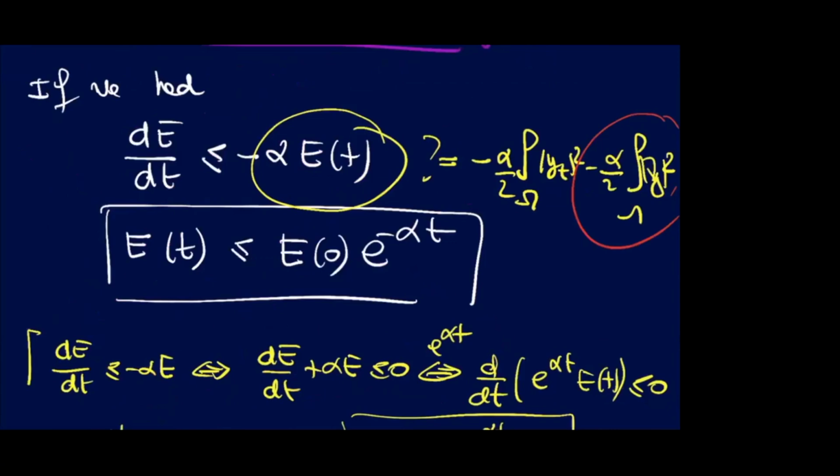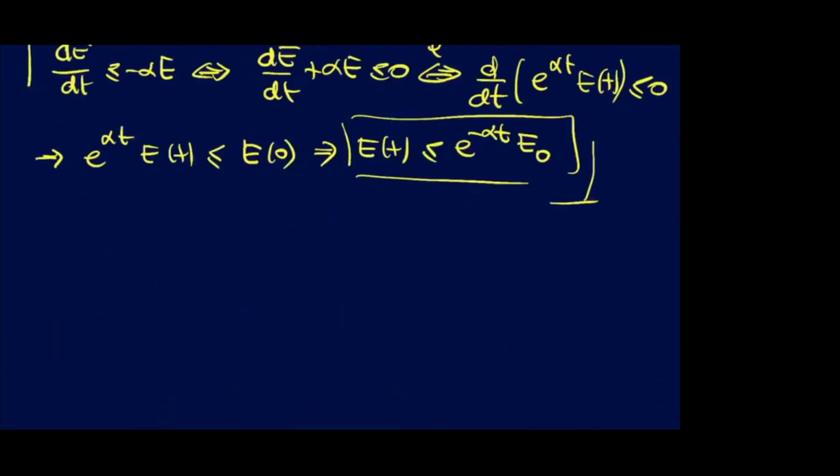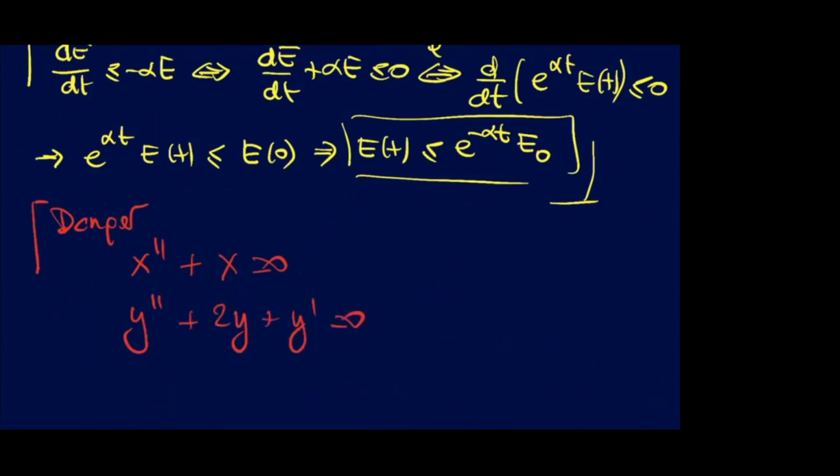So I wonder then whether the danger would be if I was, for instance, in a situation where I have a harmonic oscillator where one component, x, is undamped and this one is damped.